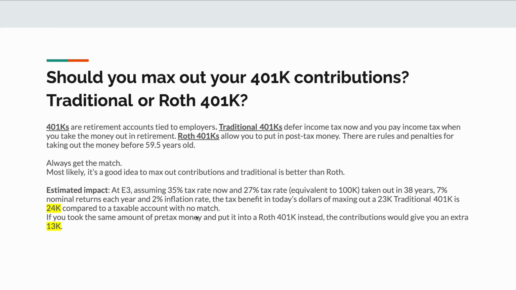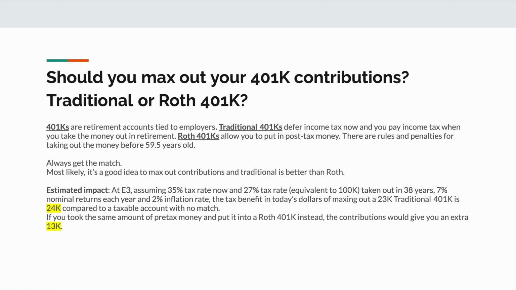This is assuming that there's no match in your program. If you have a match, then this number goes a lot higher. If you took the same amount of pre-tax money and instead put it into a Roth 401k, you would have an extra $13,000 instead of $24,000. So generally, it's a good idea to be putting it into the traditional.